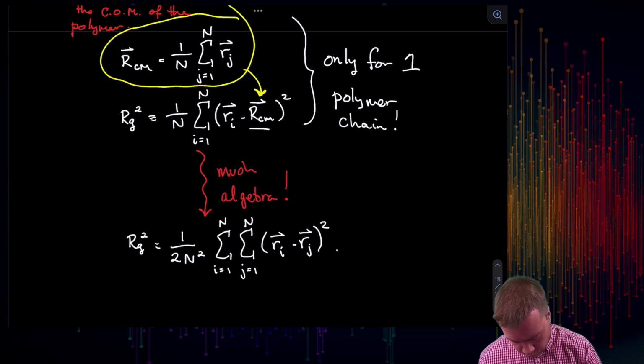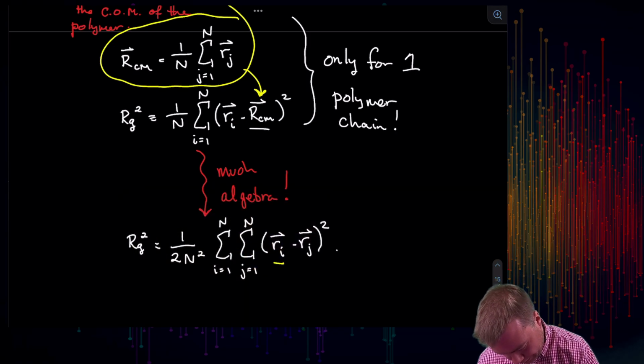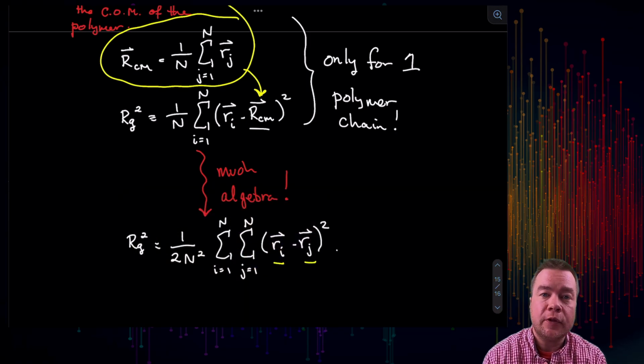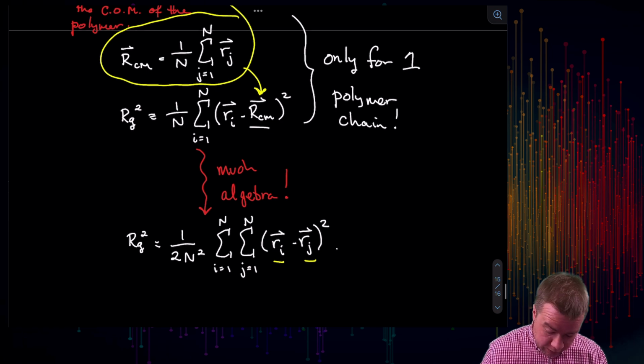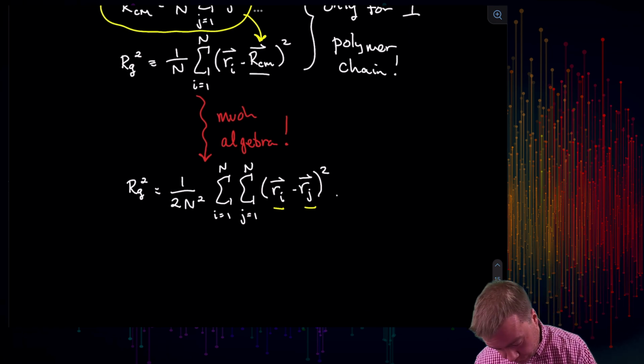And then at the end of the day, the way that we calculate the radius of gyration of the polymers, we need to know the positions of each single monomer that's in there. Now that may seem really silly, like how are we going to know where all those monomers are? The answer is we don't, unless we're doing computer simulations.